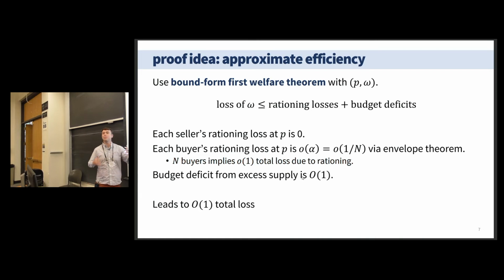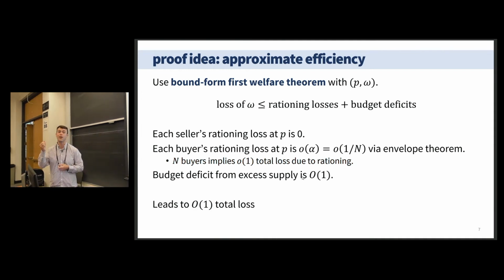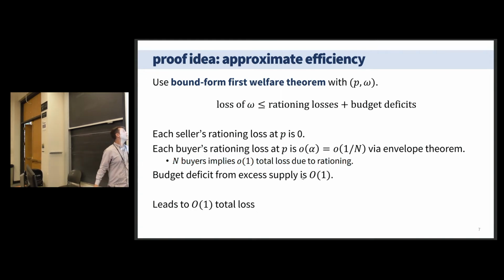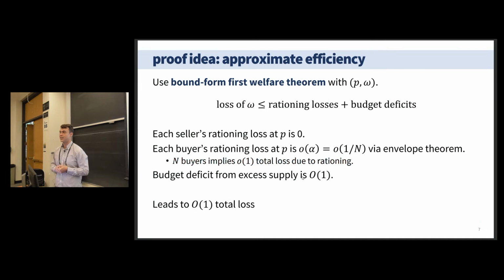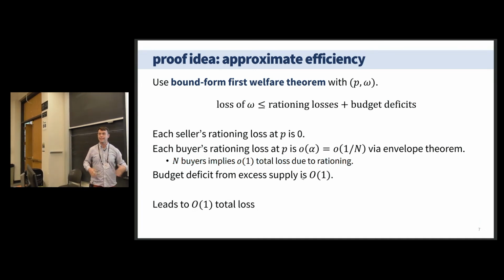By construction, each buyer is getting something in their demand set at the price 1 plus alpha times p. And because alpha is small, it turns out via the envelope theorem that their rationing losses, that's the difference in the valuation functions, are also small. They're also order 1 on n. And since there are n buyers, that's a constant as the market grows large. And finally, the budget deficit's also constant, leading to a constant total loss.